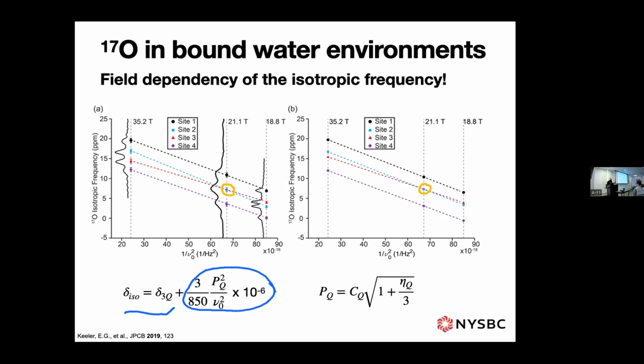Mostly just because you lose at least another order of magnitude in efficiency, and most of these are operating on the order of a few percent efficiency, so partial percentages, it's really hard. I also tried satellite transition MAS, but our probe was not good. It couldn't hold magic angle well enough.